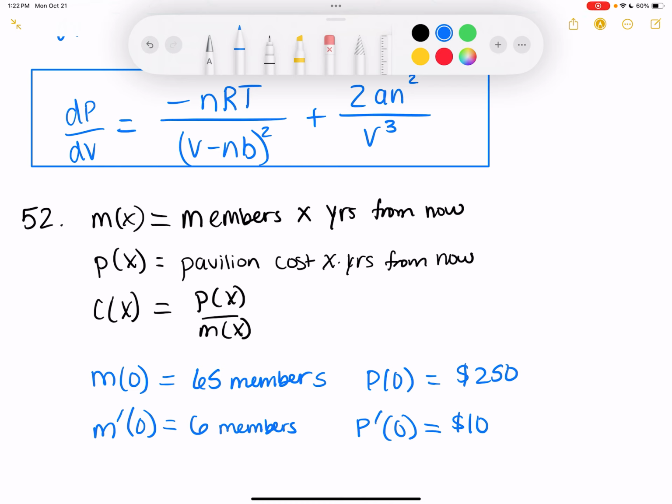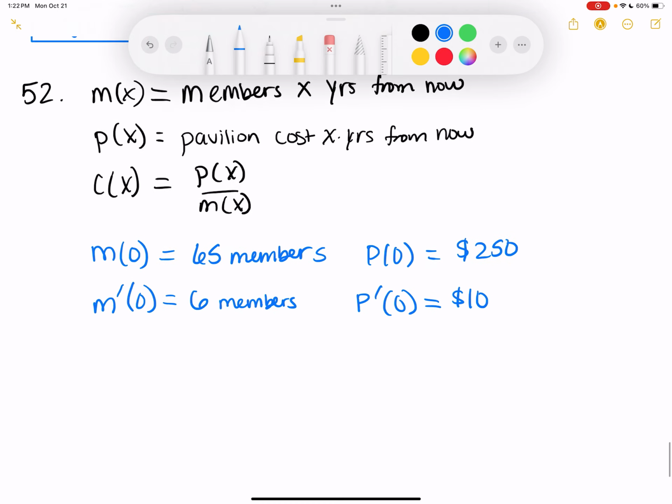So the current rate of change in each member's share of the pavilion rental fee is going to be the derivative of C of X. So C prime of X is going to be what? I need to take the derivative of P of X over M of X. Ignore these numbers down here for right now. Just tell me how I would find the derivative of this using the quotient rule.